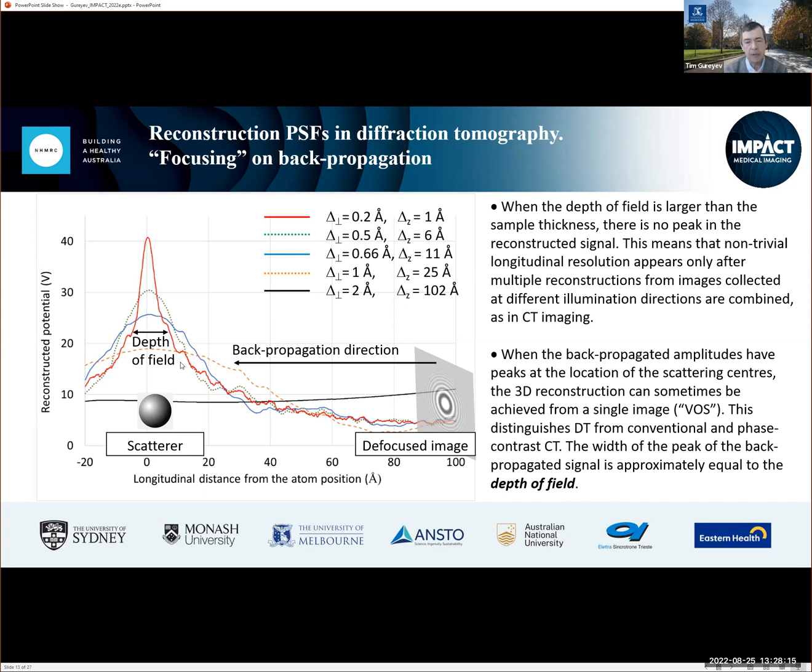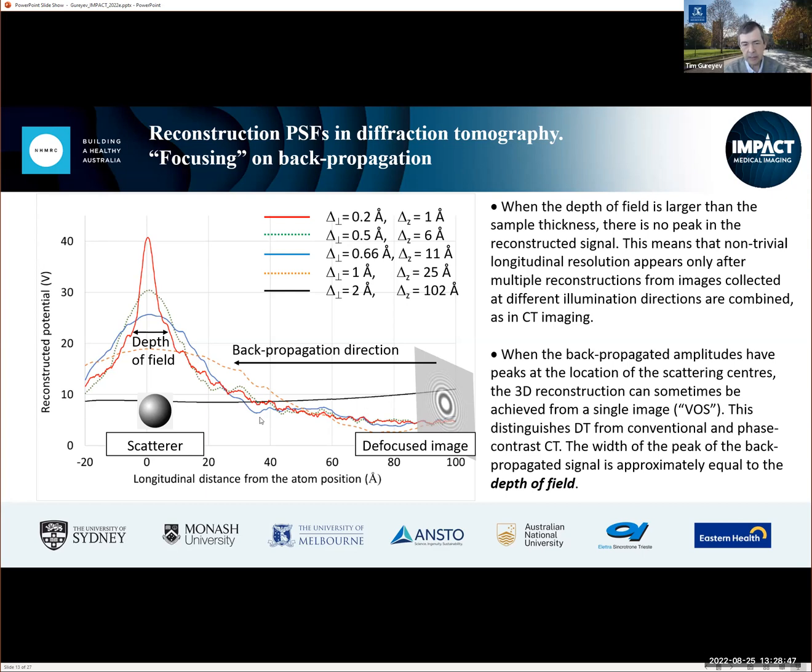But in our current conditions, the depth of field, as I said, is very large. Therefore, the peak is actually pretty much absent. We have a flat profile on the backpropagation. So from a single image, we cannot say where the scattering centers, where the structure sits along the ray. It sits somewhere inside the sample. We have this transverse resolution, which is shown in our two-dimensional image, but we don't have the depth resolution as such.